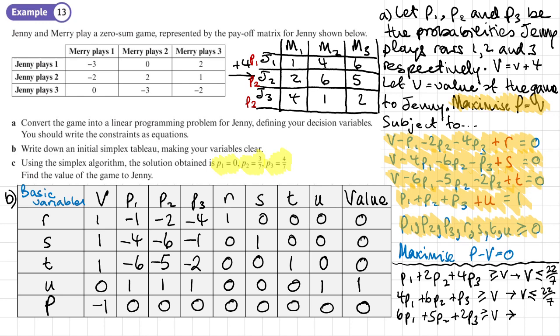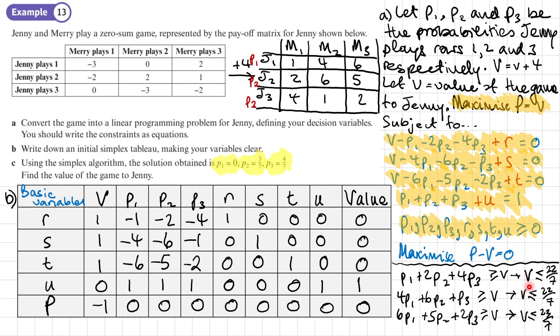Then the last one, 6 times 0, plus 5 times 3/7, plus 2 times 4/7 will give me a value of 23/7. Check that on your calculator. Now we want a value that satisfies all of these inequalities, and 23/7 does not satisfy the first two.